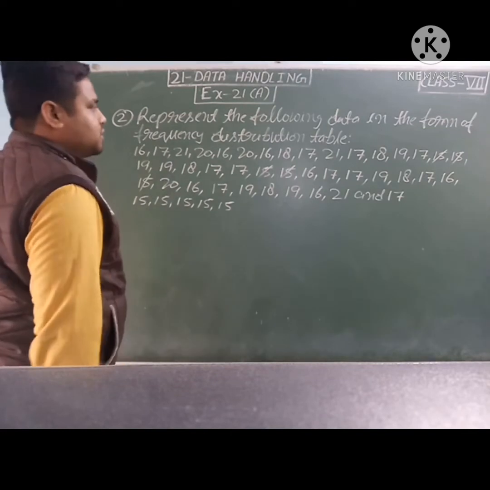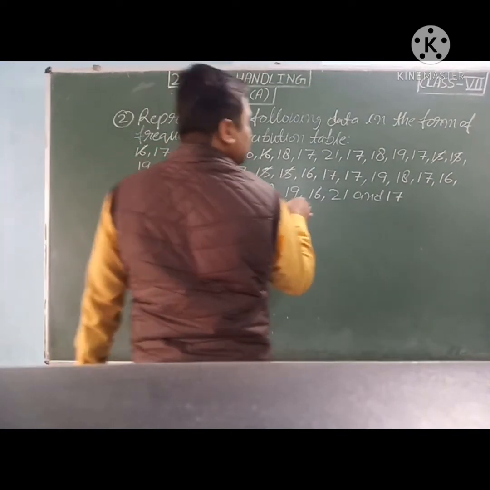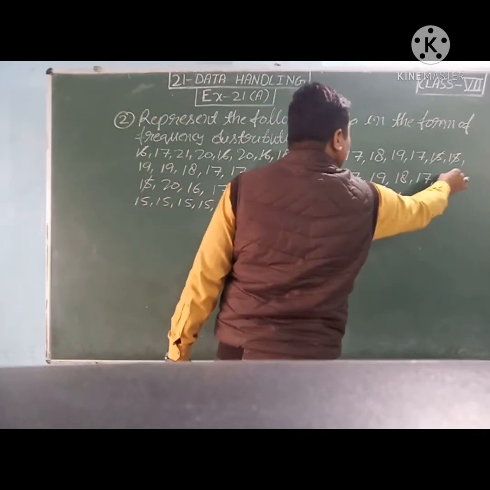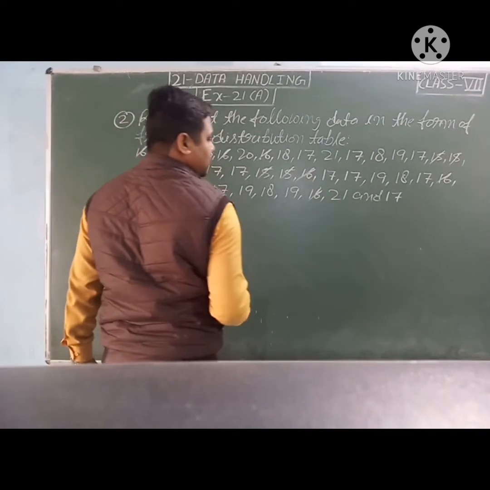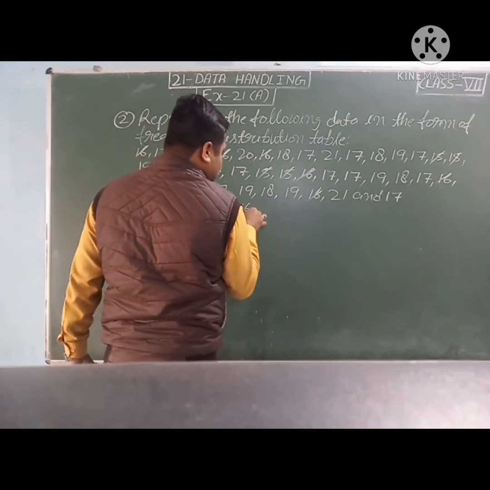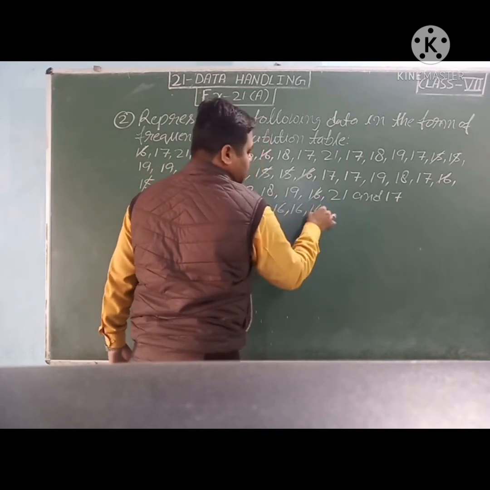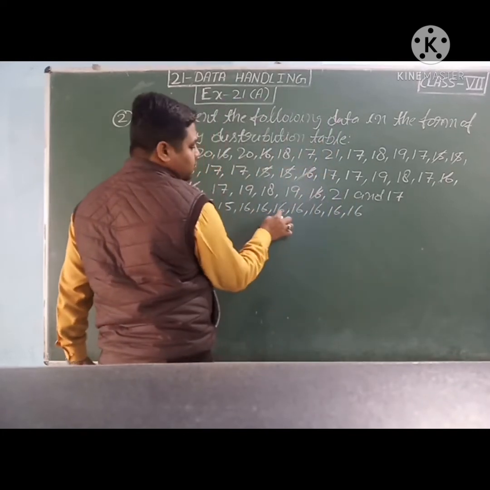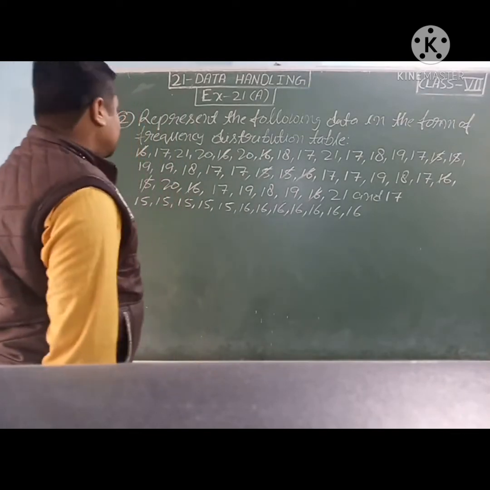Now after 15 is 16. 1, 2, 3, 4, 5, 6, 7. 7 times 16. Then after 16, 17 is there.